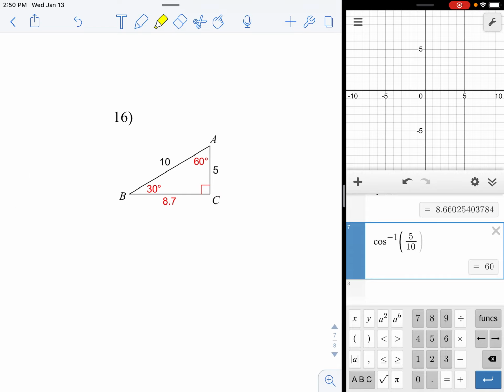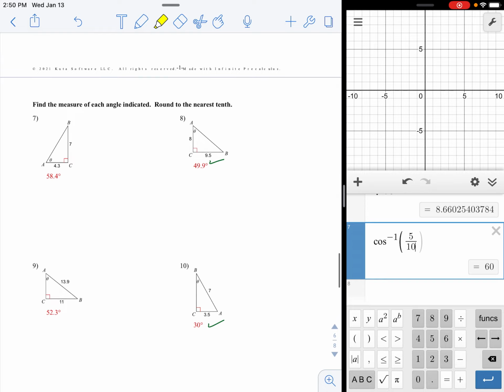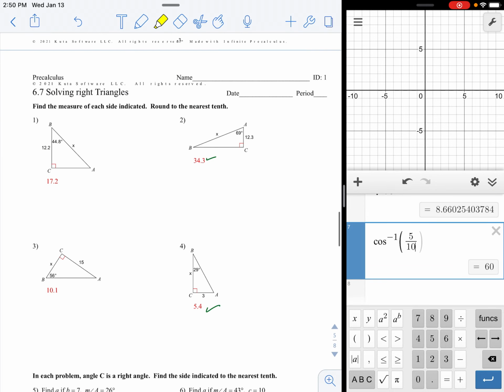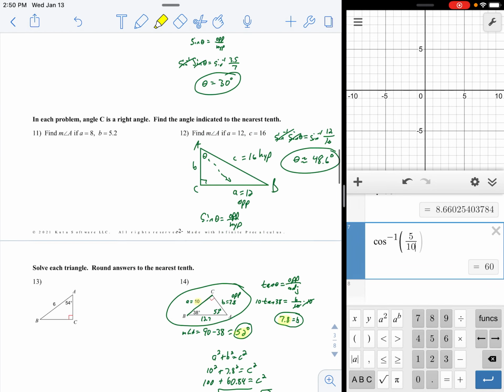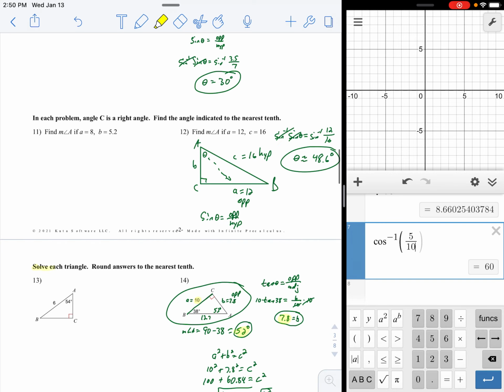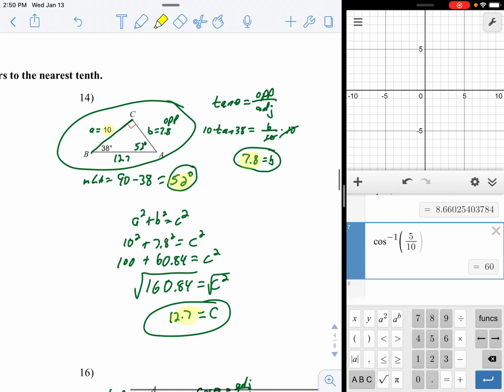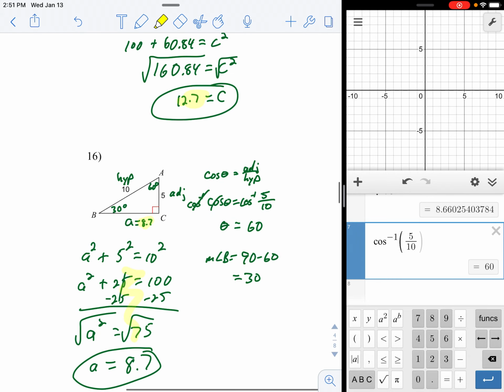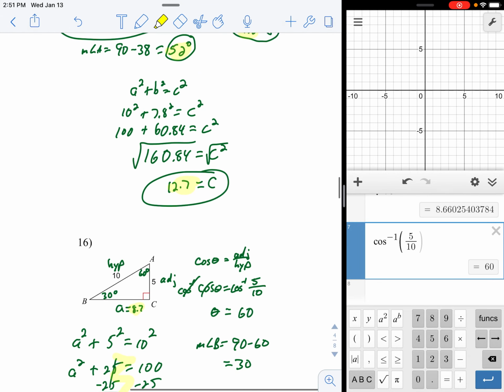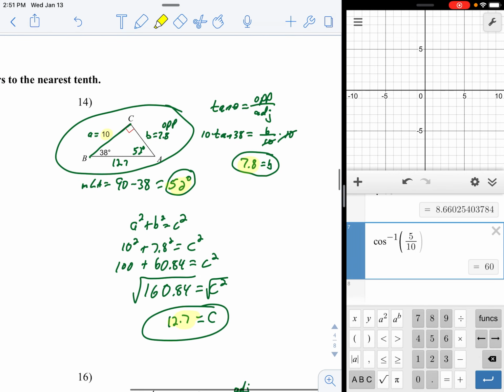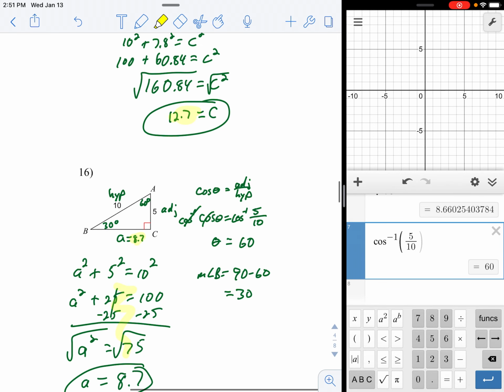And here we go, 8.7, 30 degrees, 60 degrees. So when you are asked to solve each triangle, you're looking for 3 answers. You're probably going to need to use the Pythagorean theorem, a squared plus b squared equals c squared, and you're going to either need to use trig or inverse trig. It's just the way these kind of go.